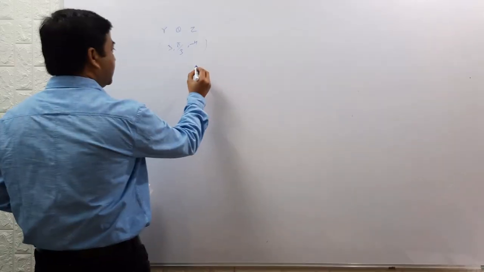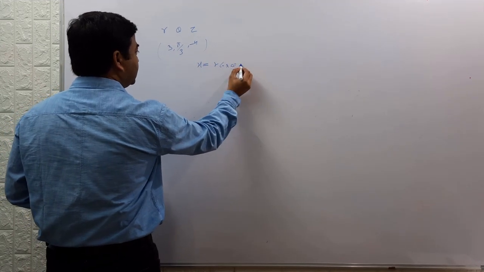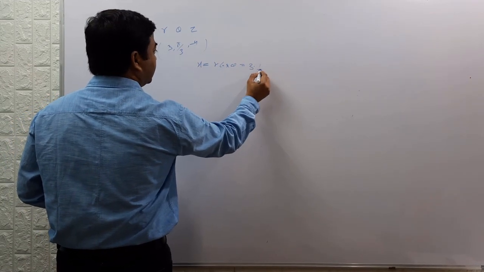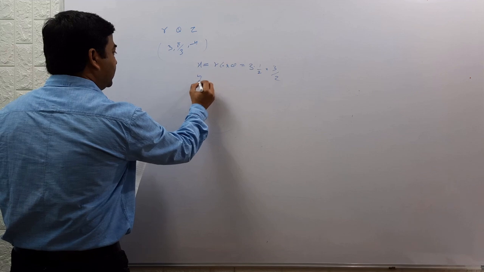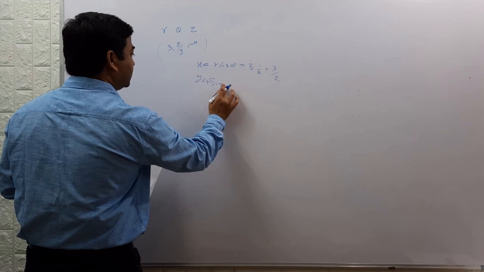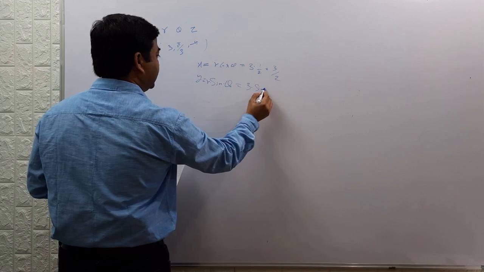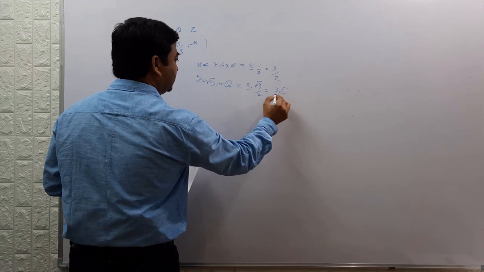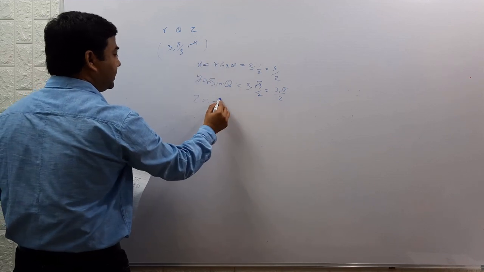As per the formula discussed earlier, x is equal to r cos theta, where r is 3 and cos 60 degrees is 1 by 2, so x is equal to 3 by 2. y is equal to r sin theta, which is 3 sin 60 degrees, root 3 by 2, so 3 root 3 by 2, and z, as it is given, is minus 4.